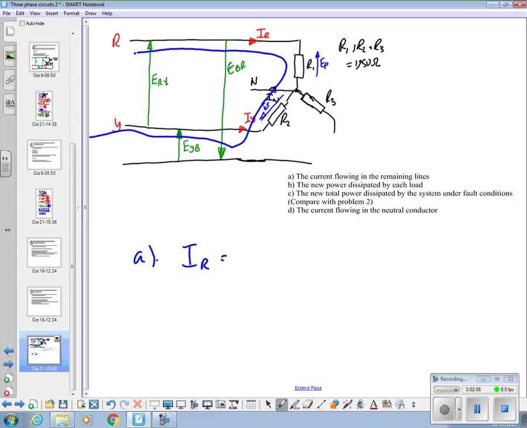Can you see any other way you could tackle this? What could you say about those two currents now? Yeah, they are the same. So you're going down this, ER over root 3.